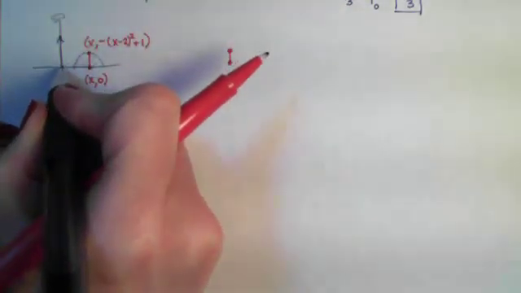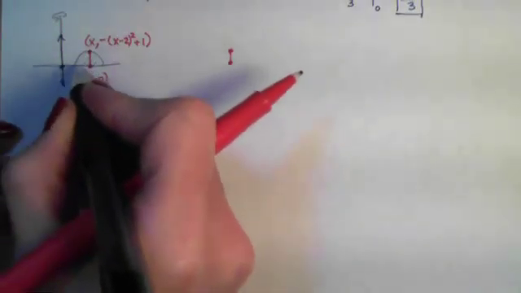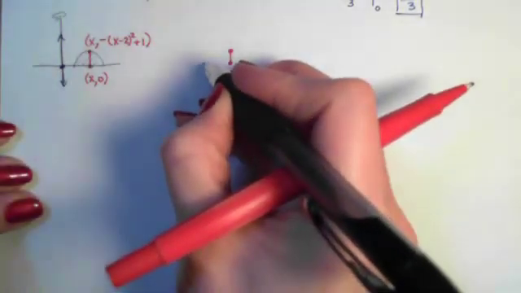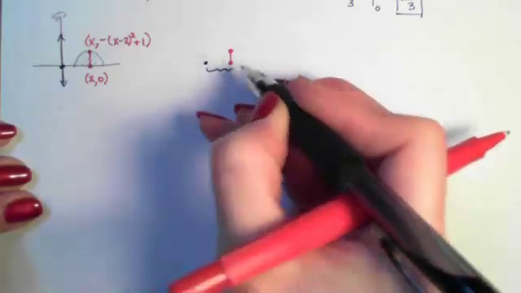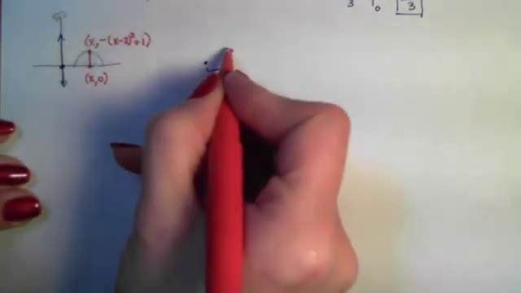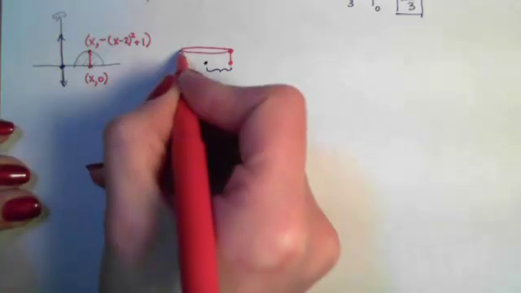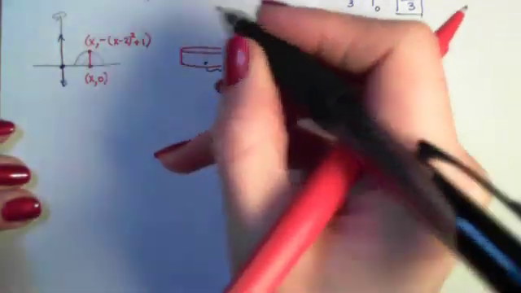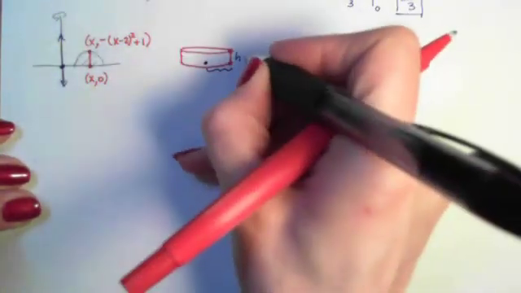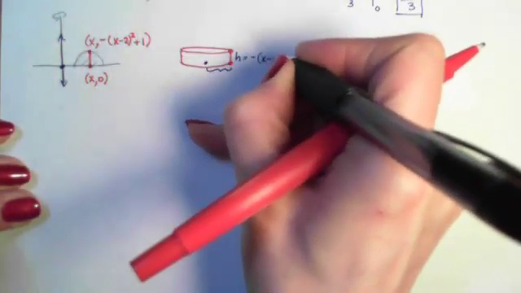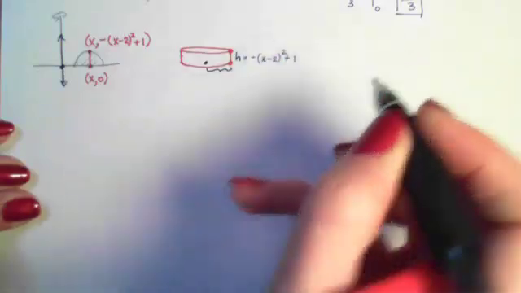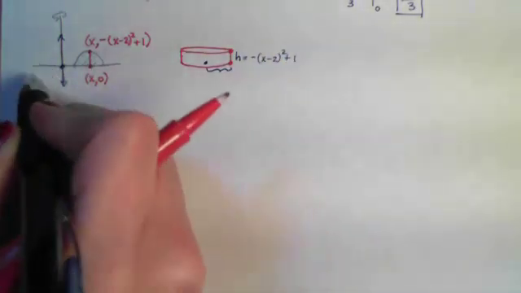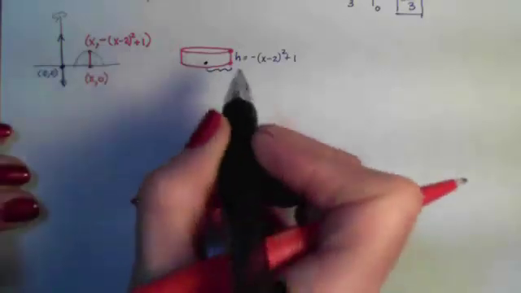So that means I'm going to need a point on the y-axis so that I can compute that radius. So when I rotate that around, we can see that the height is this y-coordinate minus this y-coordinate. And I can see that the radius is this x minus 0.